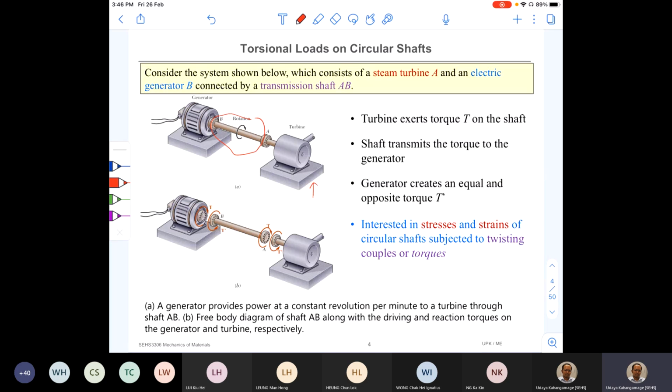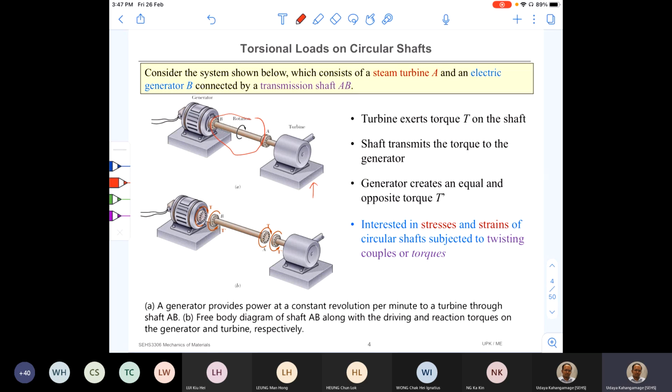So if you don't design it properly, it might fail while it is transmitting the power, or it may be too heavy, it may not be optimized. So the designer's job is to design this so that it will not fail. It should be able to transmit the designed power.